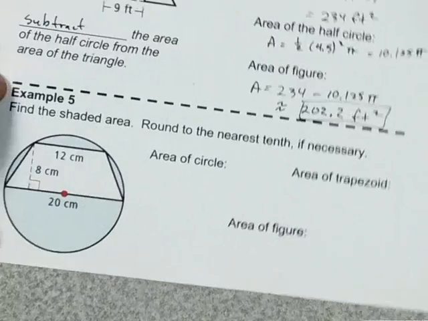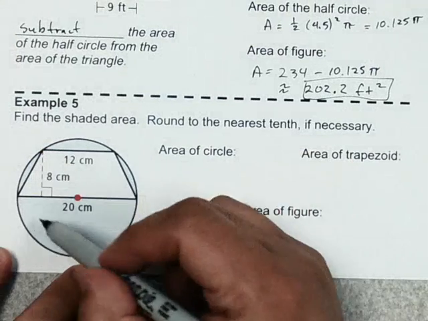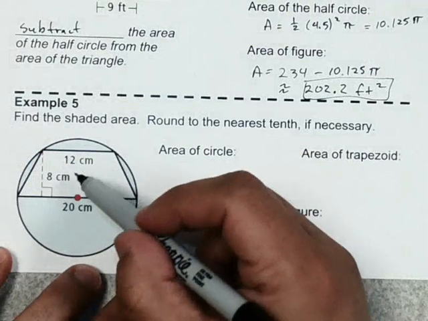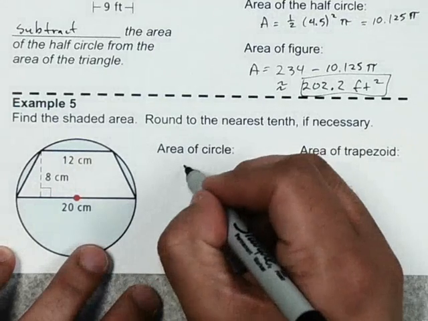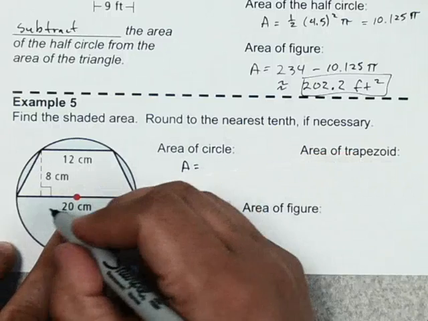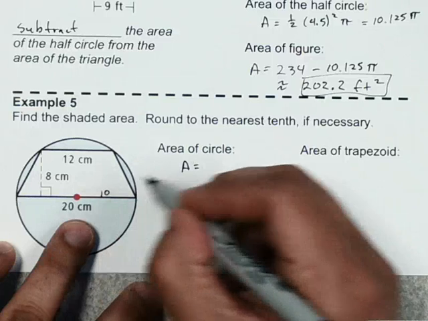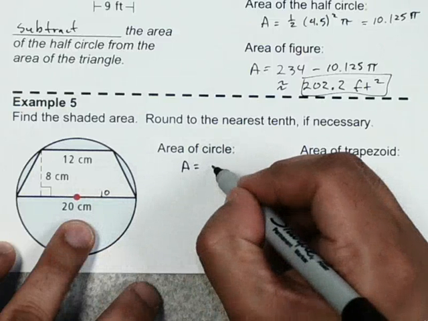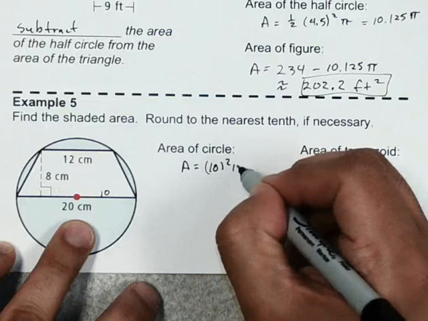All right, next example for you to do, find the shaded area. So again, I'm going to have to subtract this white space, which happens to be a trapezoid. The area is going to be half of my diameter, which is my radius, so this is going to be 10. So this would be pi r squared, 10 squared pi.